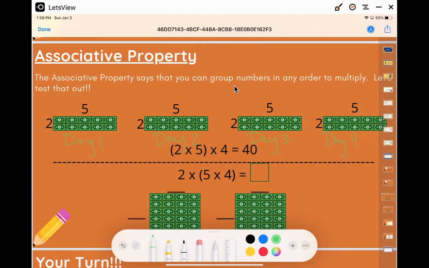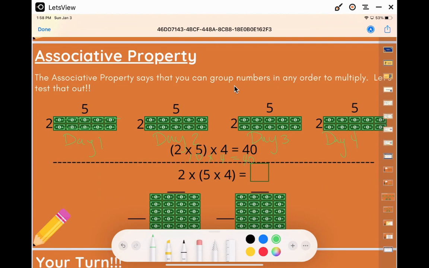This is each day that Juan worked. Remember that first row was his first $5, and then the second row is his second $5. And he worked for 4 days. So 5 times 2 is 10, and 10 times 4 is 40. So remember, guys, I told you that the associative property means that you can multiply in any order.